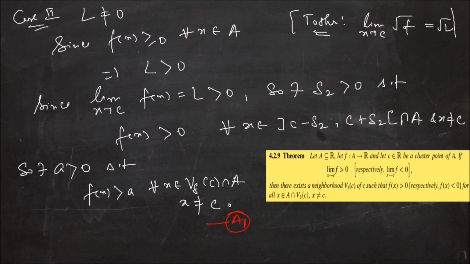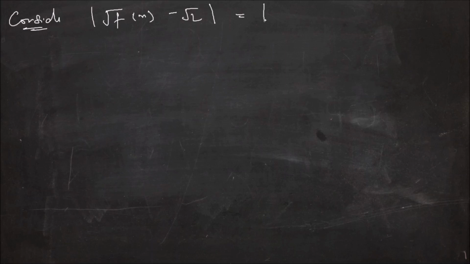So we will start with root f minus root L. So consider root of f x minus root L. Now what I will do, I will multiply and divide by root f x plus root L. So I will get this.